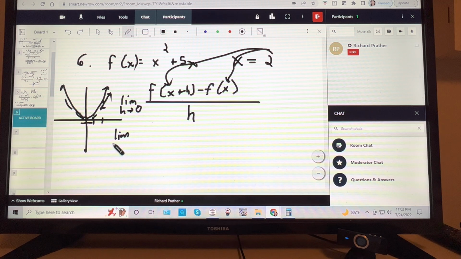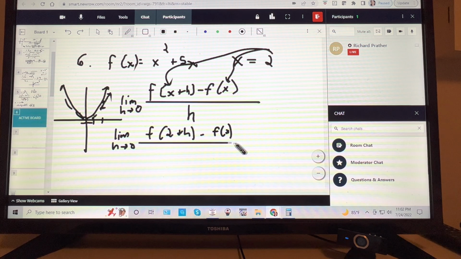So limit as h approaches 0 for f of 2 plus h minus f of 2 all over h. So stick a 2 plus h in these two x slots. That's what f of 2 plus h is.